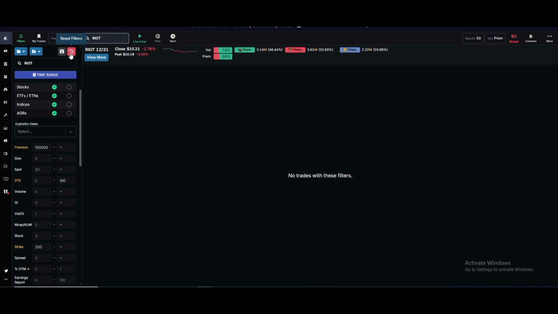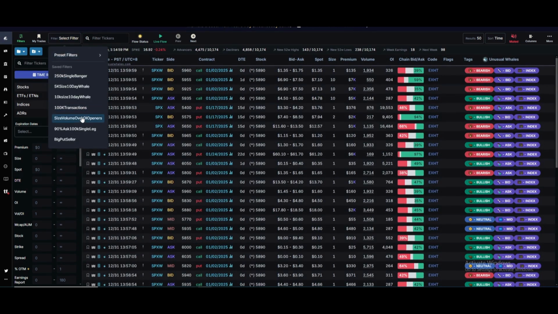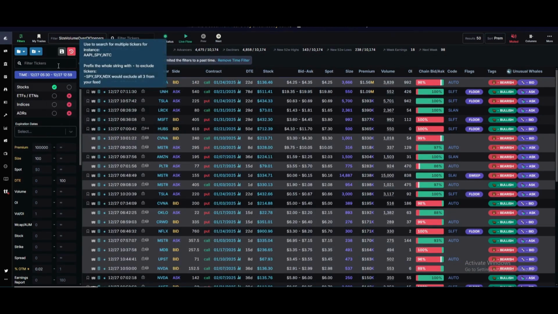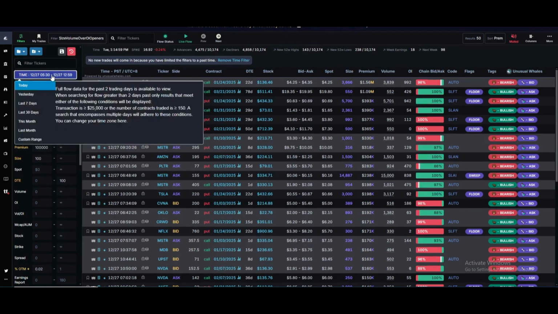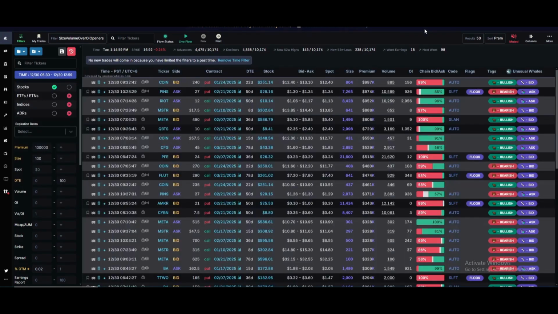So once again, we're going to reset all this, and we're actually going to go to my, let's see, where is it at? Yep, size volume over interest openers. So there it is. And we're going to change that specifically to the date in question. So we're going to custom date range, and that was on the 30th. Okay, we're going to sort it by premium, and there it is.